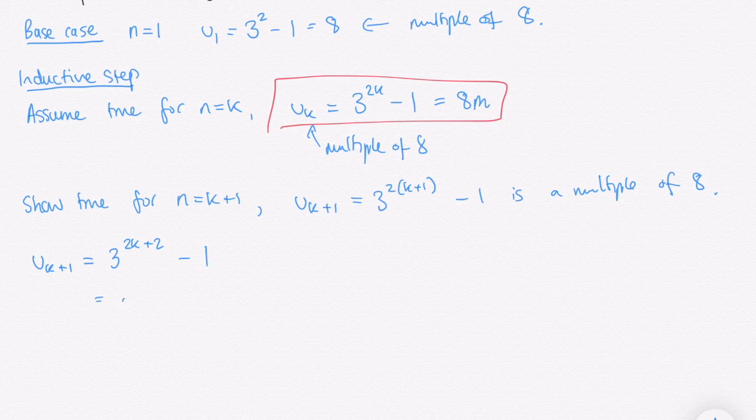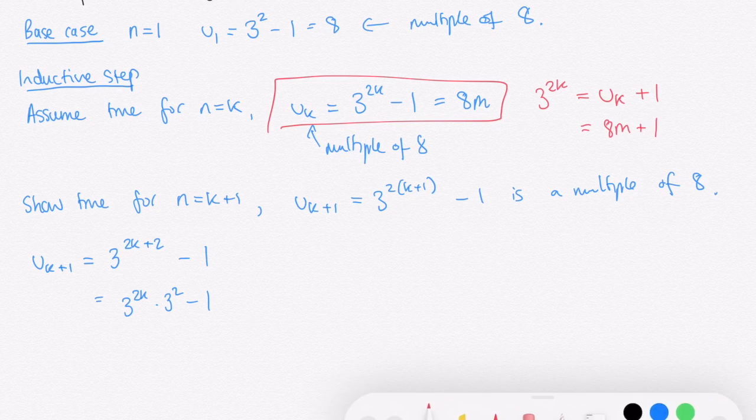Well, this is 3 to the 2k times 3 squared by our rules of indices. And now notice we can take our inductive hypothesis and make 3 to the 2k the subject. So 3 to the 2k is equal to uk plus 1, which is equal to 8m plus 1. So making this substitution, we get uk plus 1 is equal to uk plus 1 times 3 squared, subtract 1.